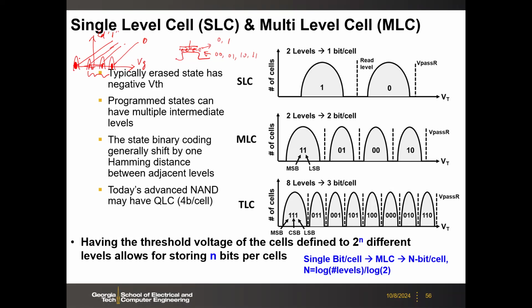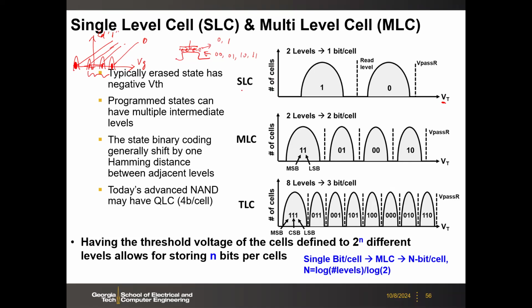So statistically, if you measure from many samples or from many cycles, then you get a distribution of the VT. That's why we show this VT distribution, and this is like a probability or number of cells in the measurement.